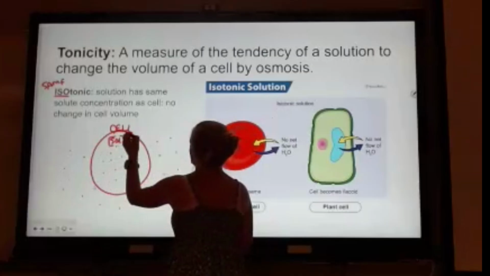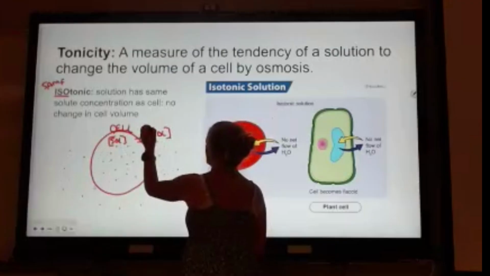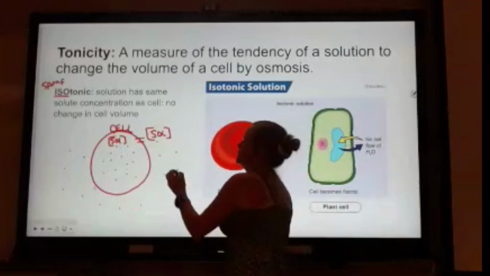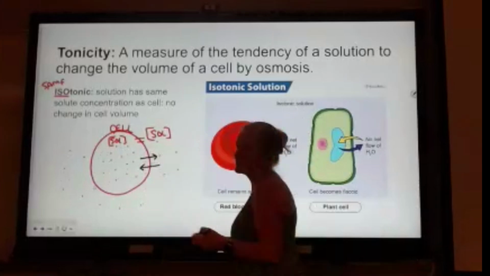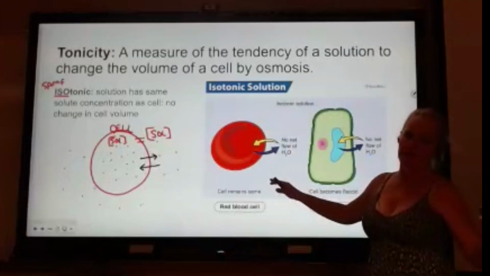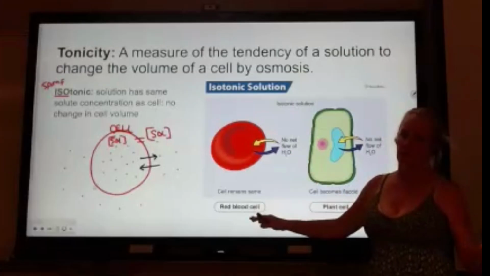The concentration of the solute inside the cell equals the concentration of solutes on the outside of the cell. Same-o, same-o. That means that water molecules are going to be moving into the cell at the same rate they're moving out of the cell. Therefore, the cell volume stays the same. That's the simple one.